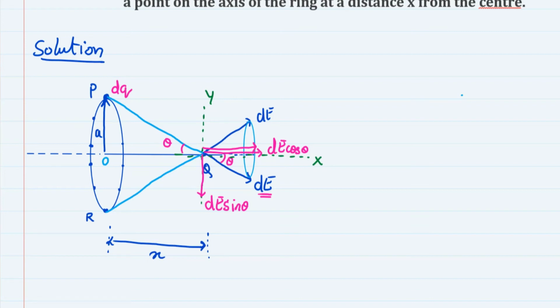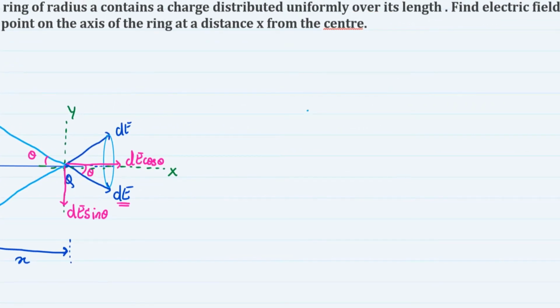One second. Let me draw the point Q over here. So this is point Q. Then what are the X and Y axes? Y axis is perpendicular to the axis of the ring, and X axis is along the axis of the ring.